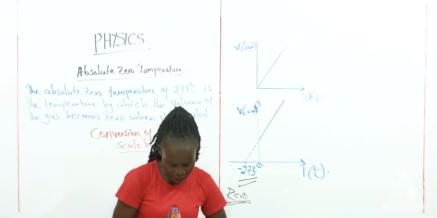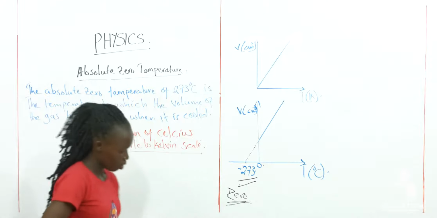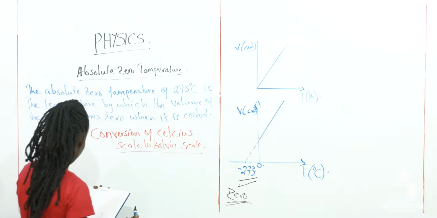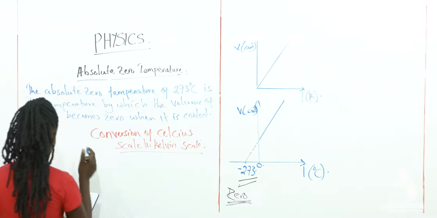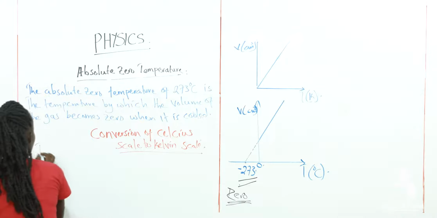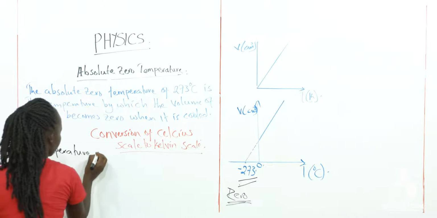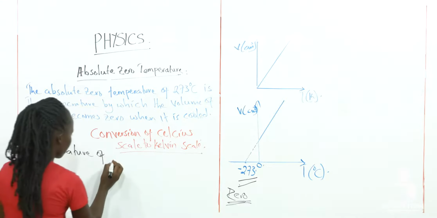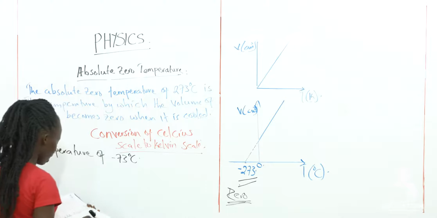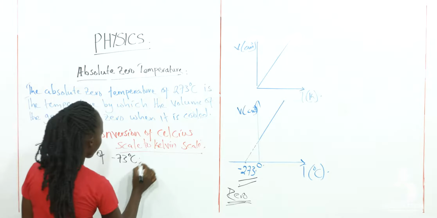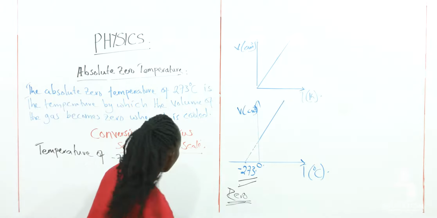For instance, let us say we have a question where we have a temperature of -73 degrees Celsius. We want to convert this to the Kelvin scale.